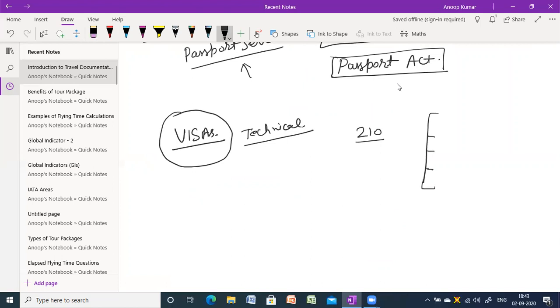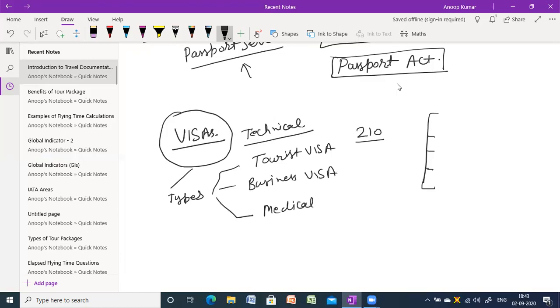We will study the requirement of documents for those countries. Apart from that, we will study about the various types of visa. In various types of visa, we will study about tourist visa, business visa, medical visa, student visa, and we will also study about work permits.